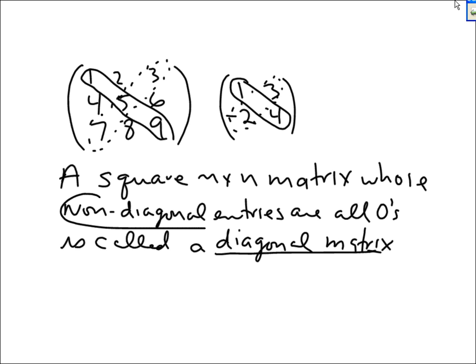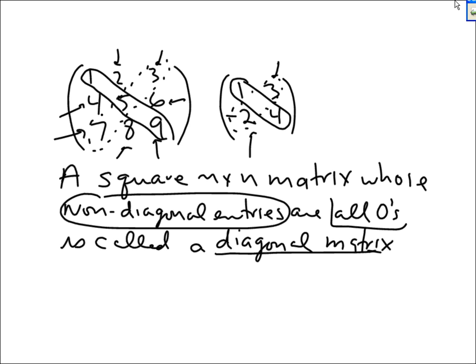Non-diagonal entries. That means entries not on the diagonal, like the 4, the 7, the 8, the 9, the 6, the 3, the 2, and the 3 and the 2 again. If you're not on the diagonal, you're a non-diagonal entry. And they all have to be 0.